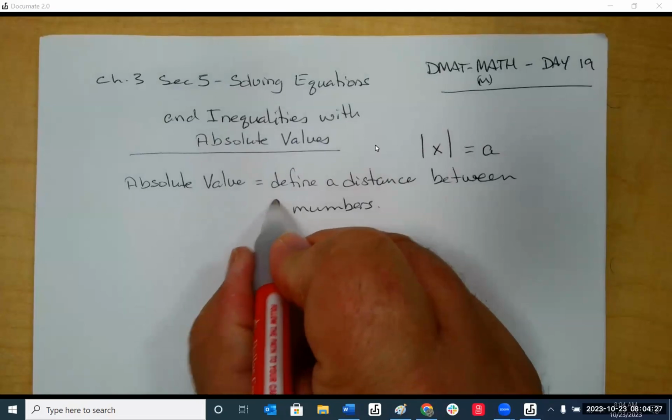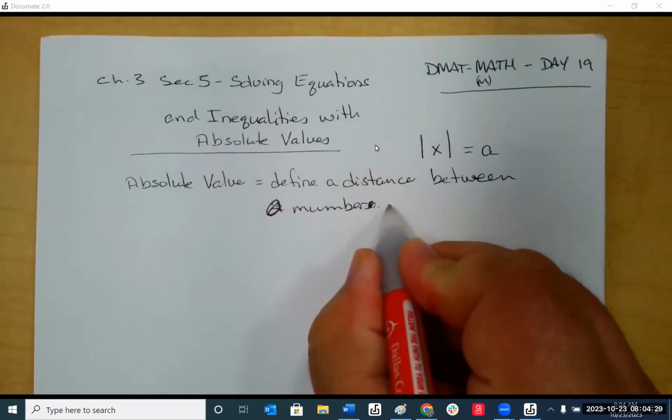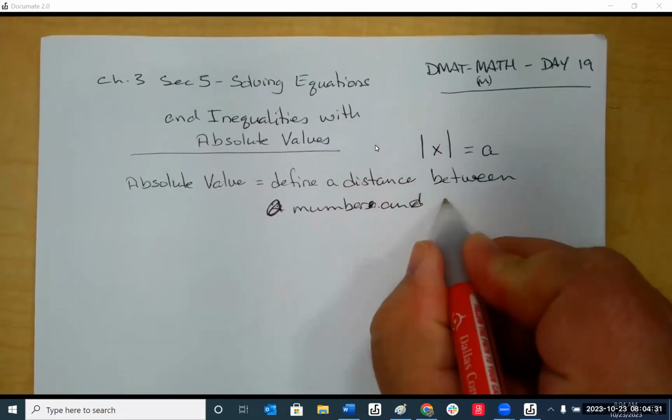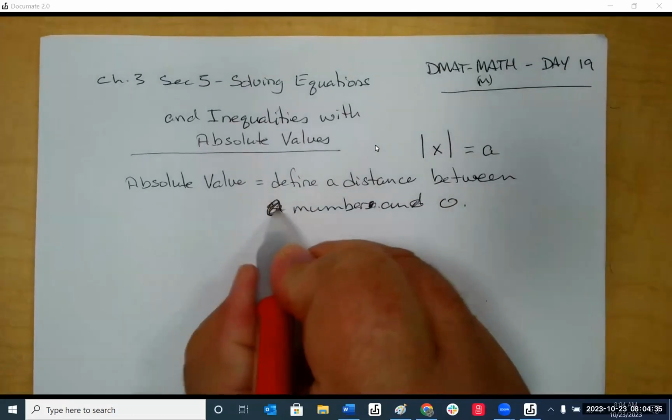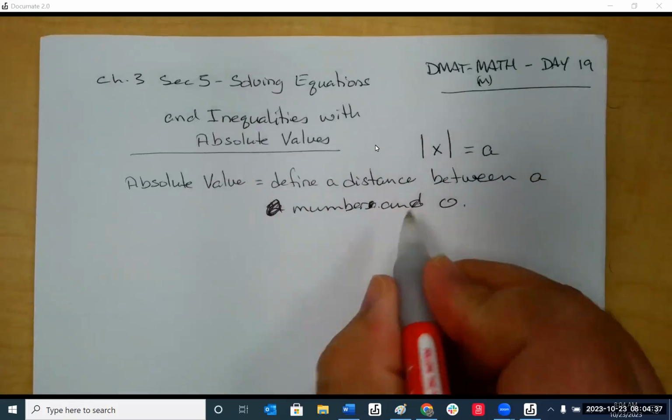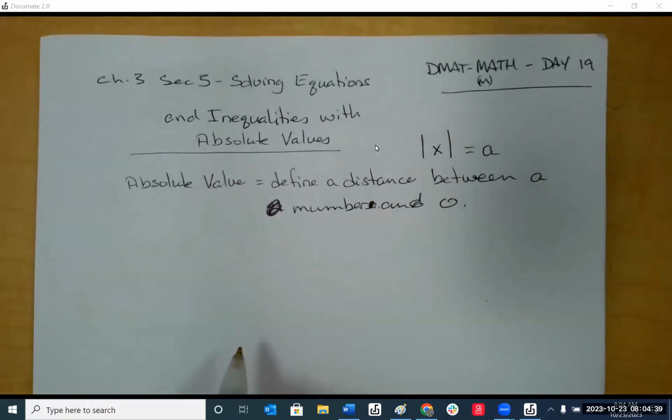So between a number and 0. You have to have a starting point, between a number and 0.